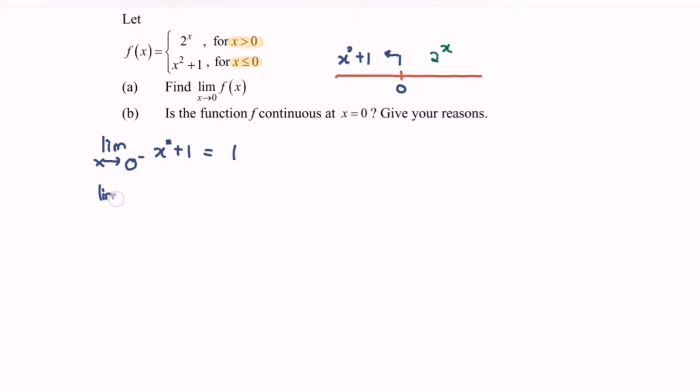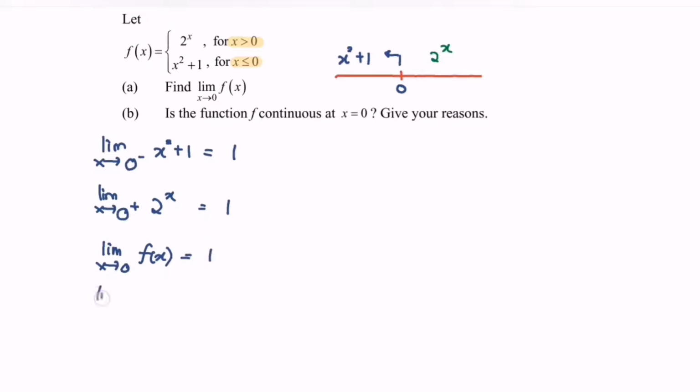The limit when x approaches 0 from the right, we have the function 2 to the power of x, and the answer will be 2 to the power of 0, which is equal to 1. So the value of y approaches 1 as well. So the limit when x approaches 0 for the function f(x), the answer is equal to 1.